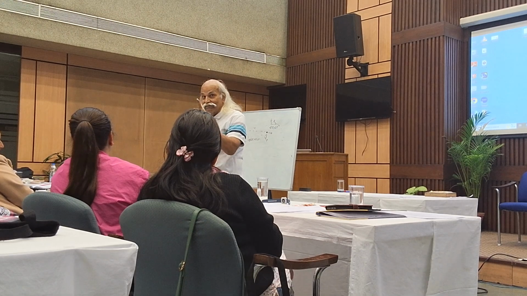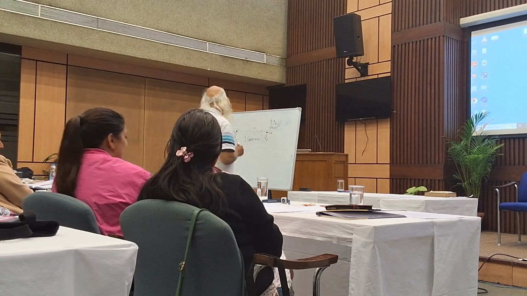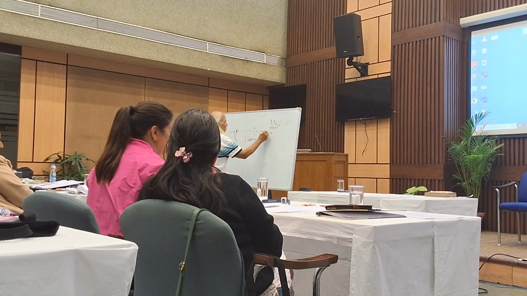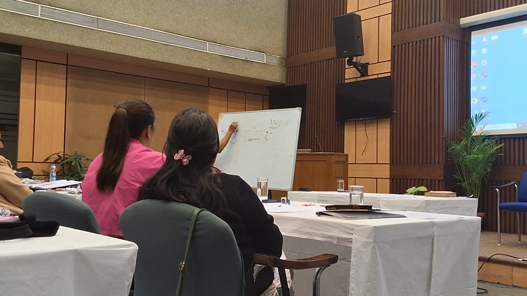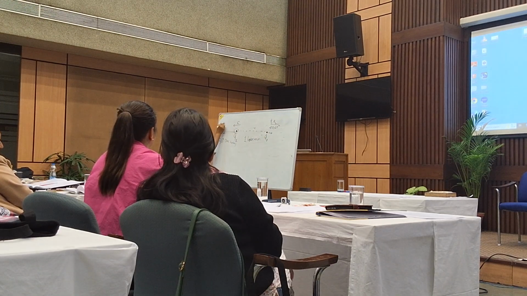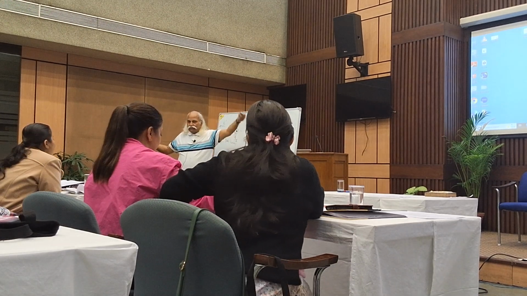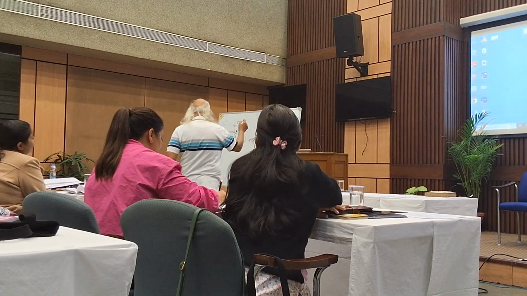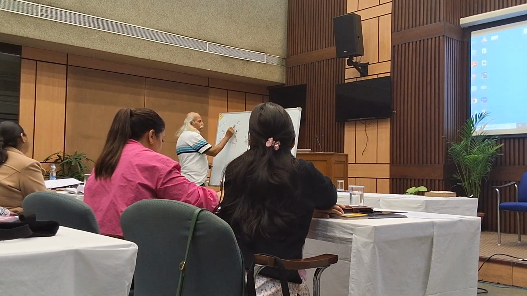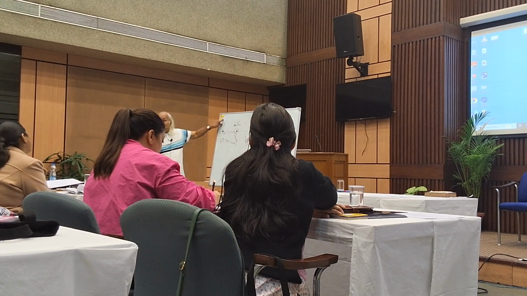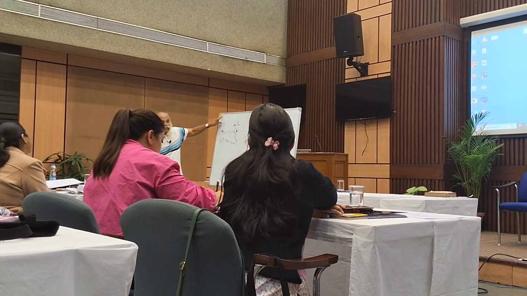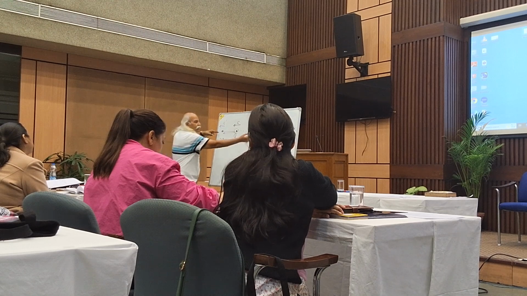But now here is the more interesting point. This Q2 had created a field E here and had created a field E prime here, already. These charges were placed in 2023 and they were lying happily there till 30th December 2024. So because of this Q2, there is an electric field E here, and there is an electric field E prime there, which is smaller than this E, because this distance is larger.